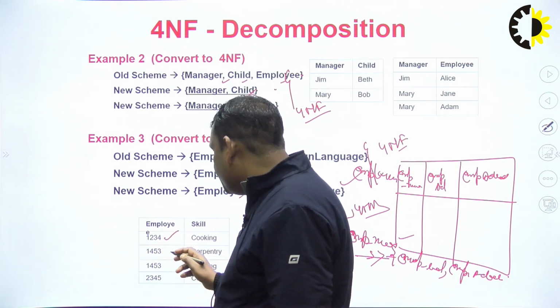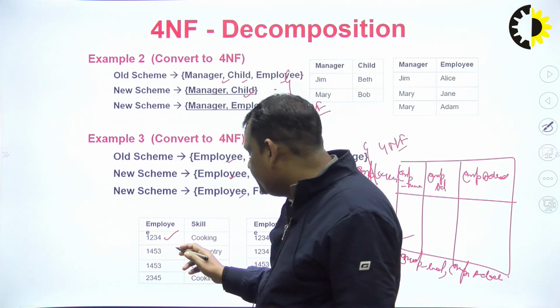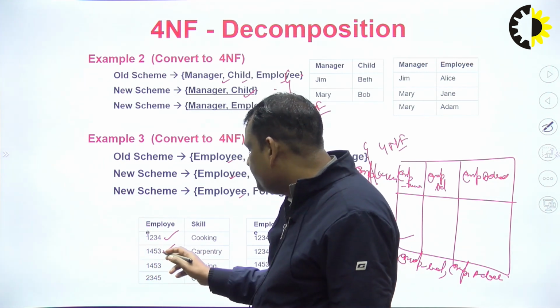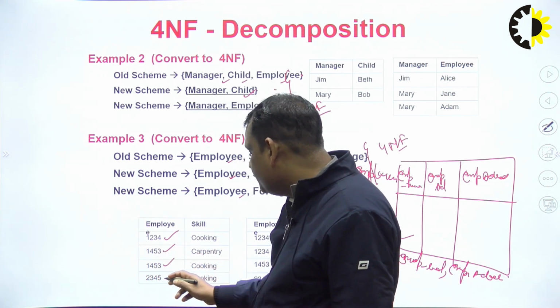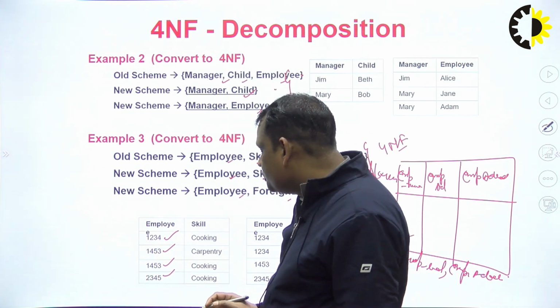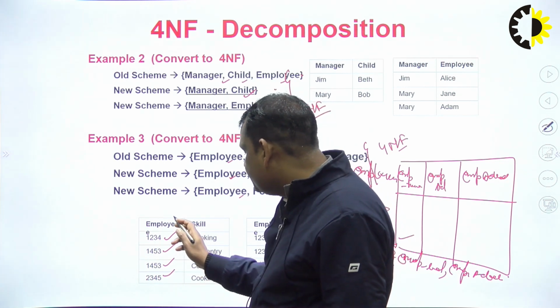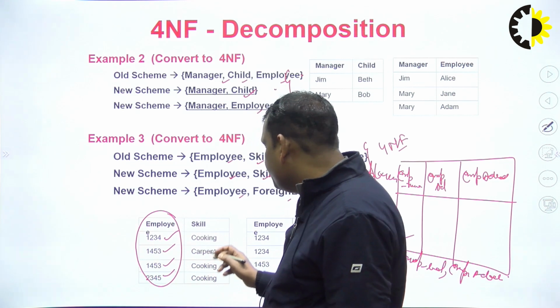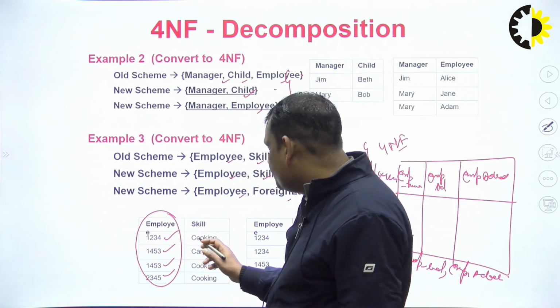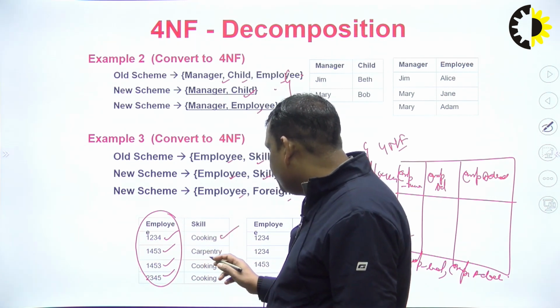Atomic attributes are employee 1, 2, 4, 3, and next 1, 4, 5, 3, next 4, 5, 3, and next 2, 3, 4, 5. The employee is determined by the skill of the employee, for example, cooking.